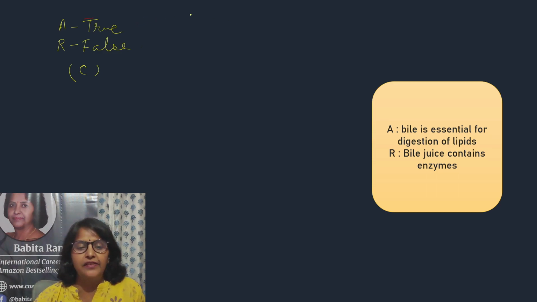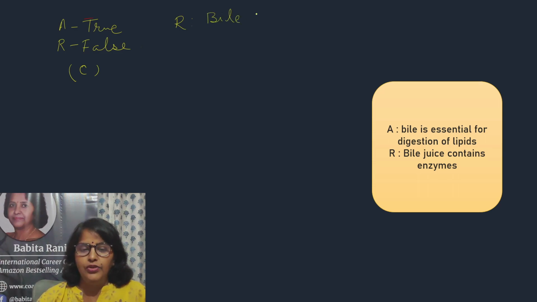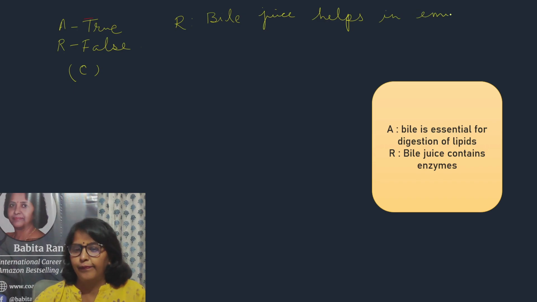But suppose this reason we change it to bile juice helps in emulsification of fats.